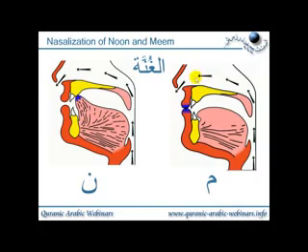And with the noon, same sort of thing, a joining sound, so that's forcing the sound into your nasal cavity. So those sorts of sounds are known as al-ghunna, and it can happen with other letters as well, but we'll cover that in the more advanced stages of the Tajweed.